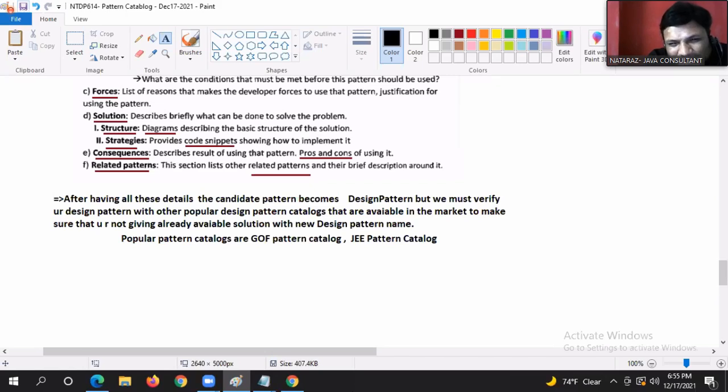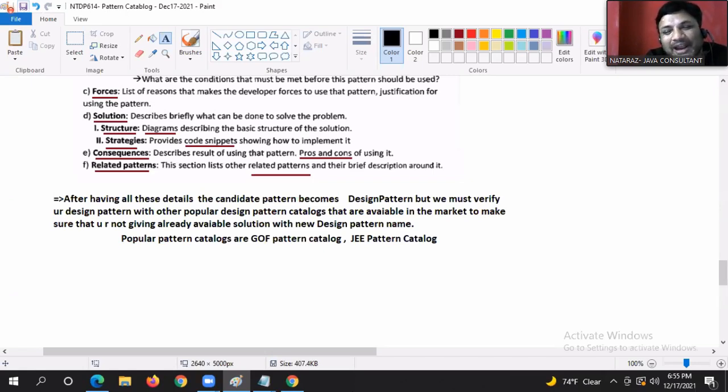Making him go through each pattern, each design pattern documentation, and feeling him not available, making him search all the documentation of all 30 patterns is a very time consuming process or not. So it's better to prepare a categorization among the patterns or not.